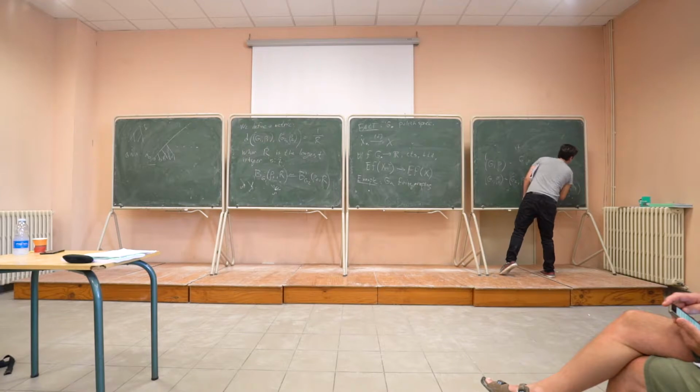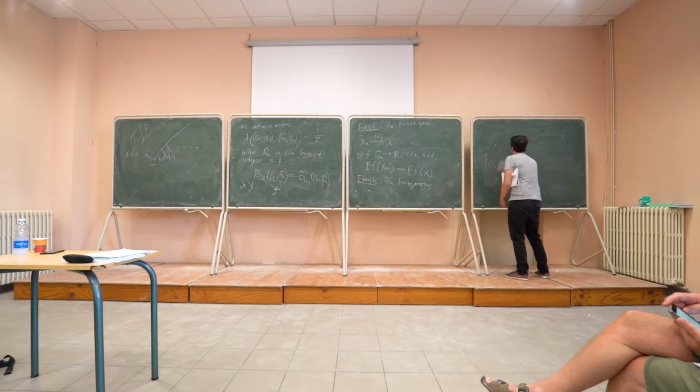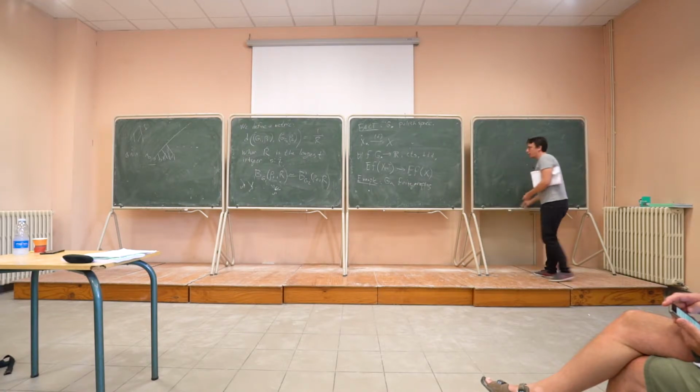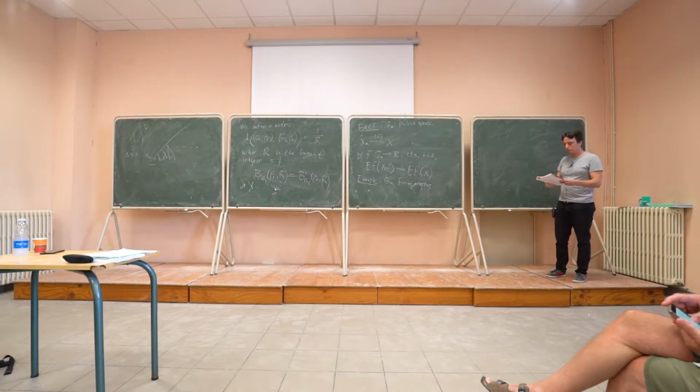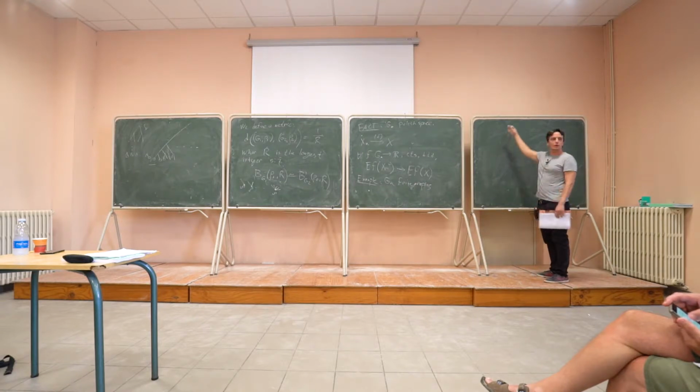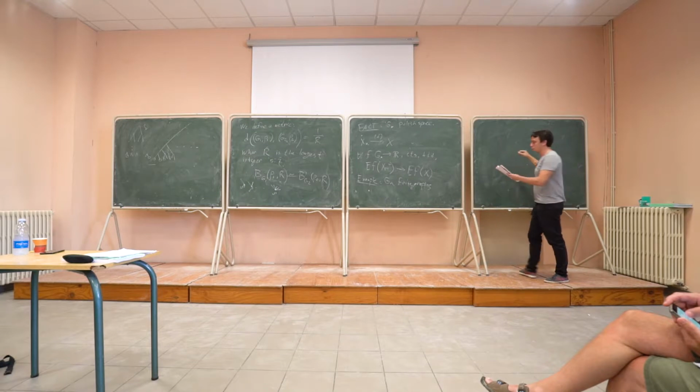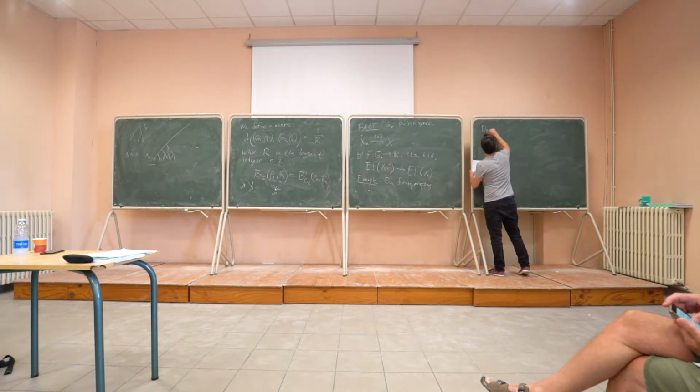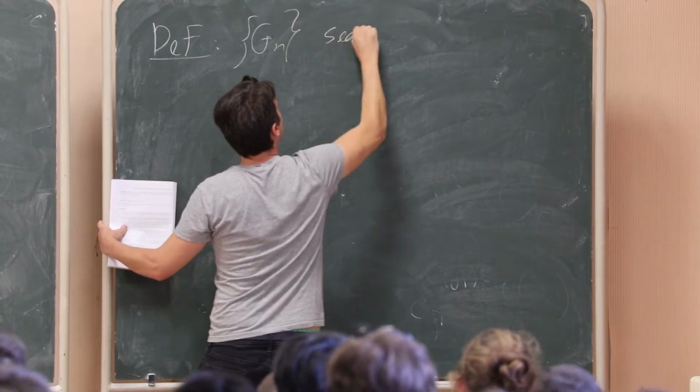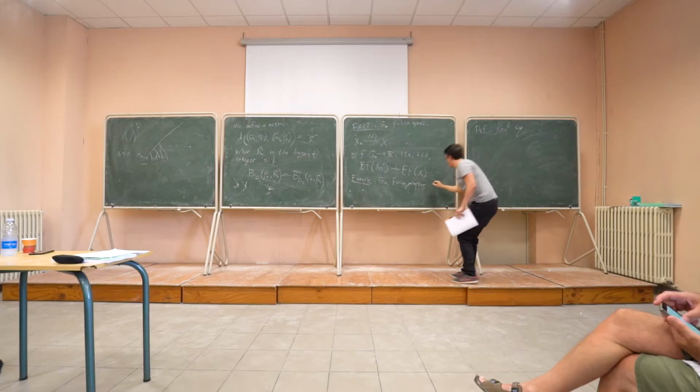So Gn is a sequence of finite graphs, and now we are ready to define. Now we have established enough abstract nonsense so that all of the words in the following definition will make sense. So the definition is the following. Gn is a sequence of finite graphs with random root.